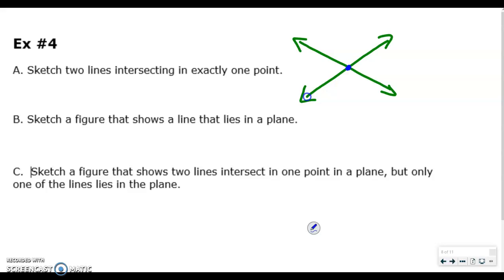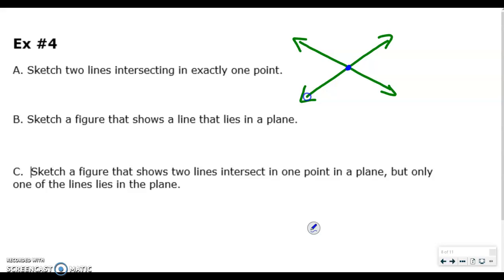Next, for B, sketch a figure that shows a line that lies in a plane. So think about that for a moment. Think about how you could sketch that. Try it out on your own. Sketch a figure that shows a line that lies on a plane. And if you need some extra time, just pause the video.